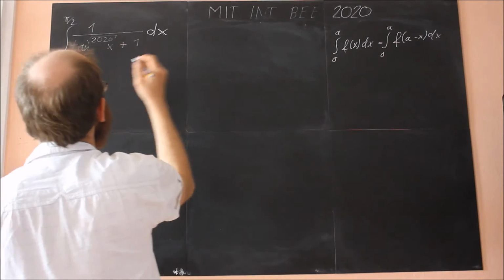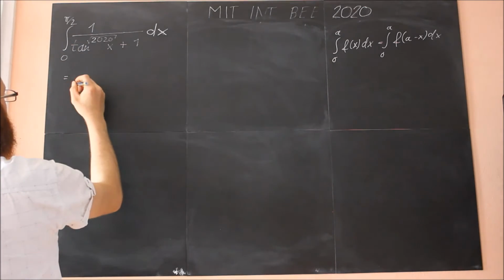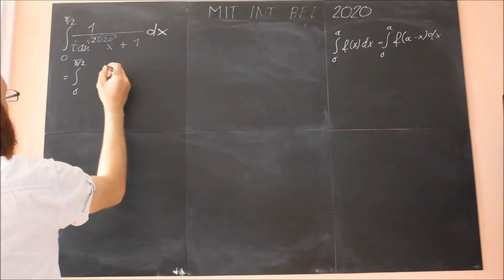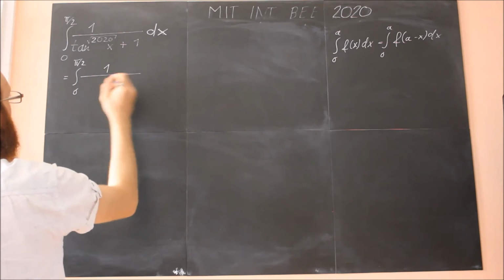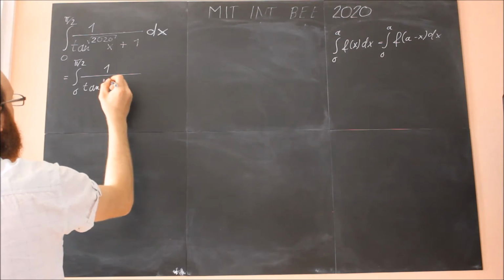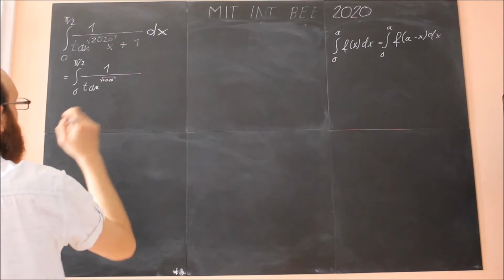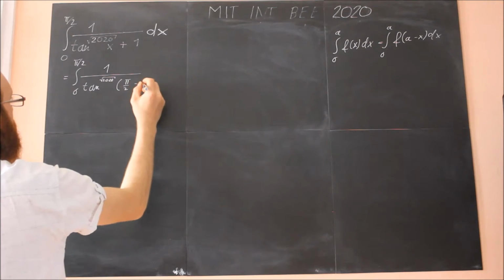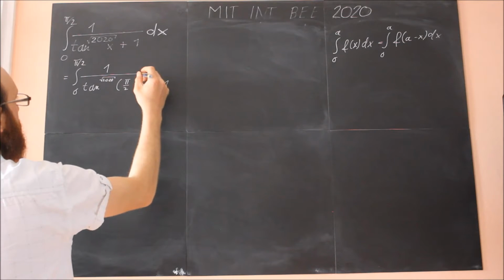Okay, so we rewrite this integral from 0 to pi over 2 of 1 over tangent to the power square root 2020 of pi over 2 minus x, plus 1.